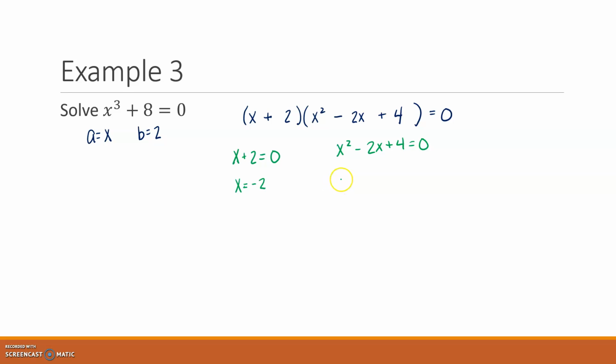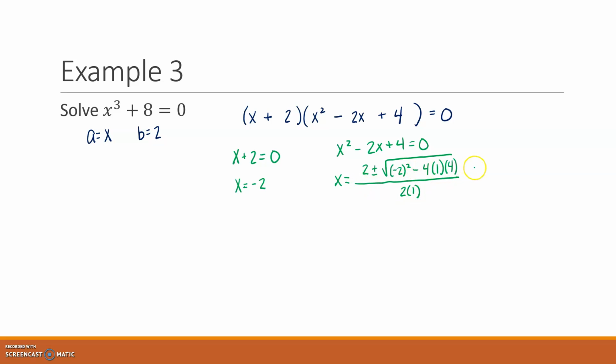We'll use quadratic formula. So x equals -b plus or minus square root of b squared minus 4ac, and then all over 2 times a.